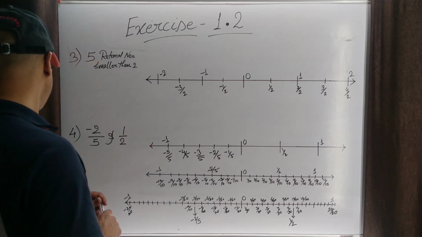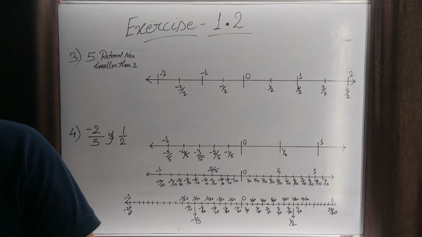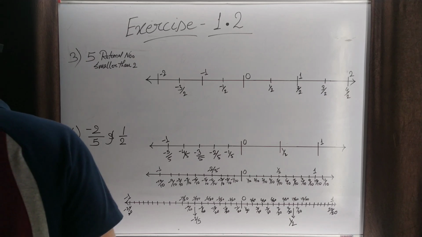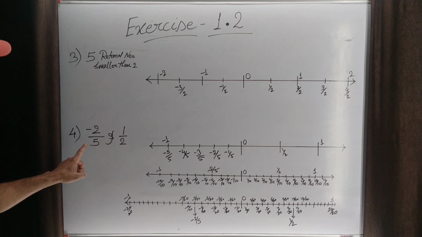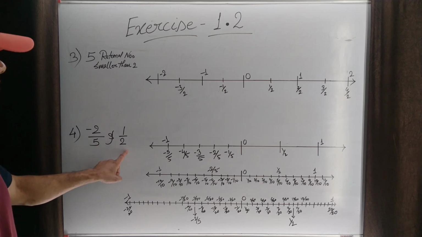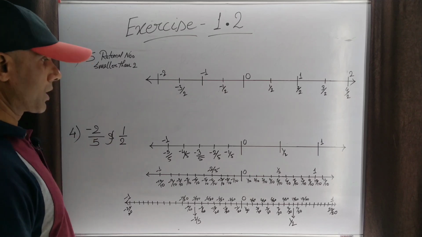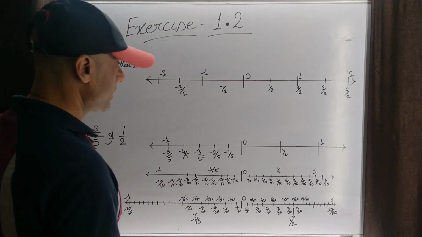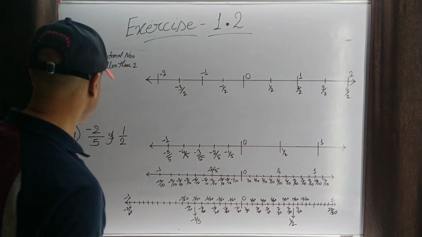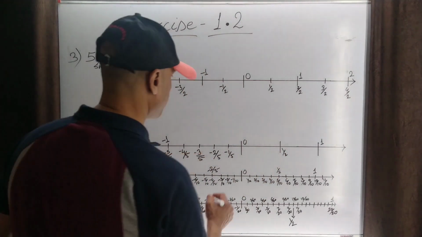The question is, we have to find ten rational numbers between minus 2 by 5 and 1 by 2. Now let's see the first number line I already made. Here lies 1 by 2 and here lies minus 2 by 5.